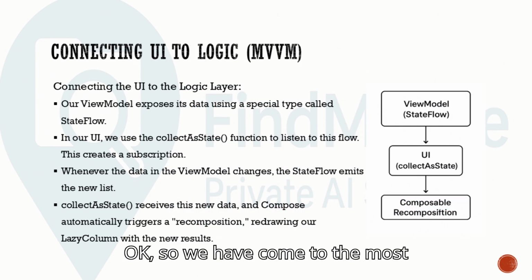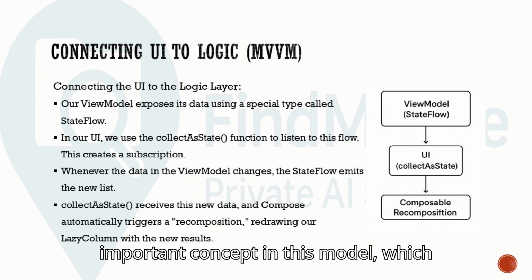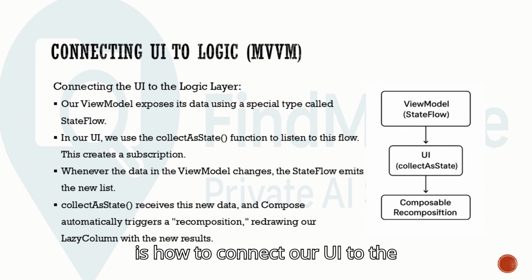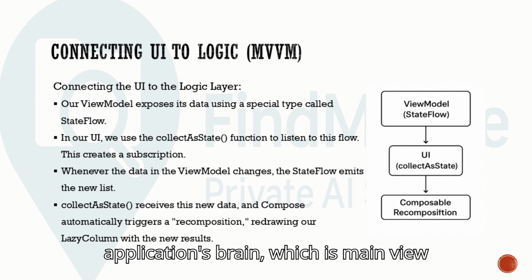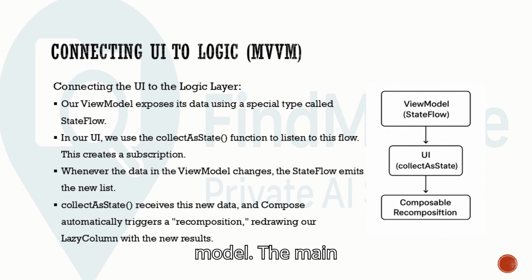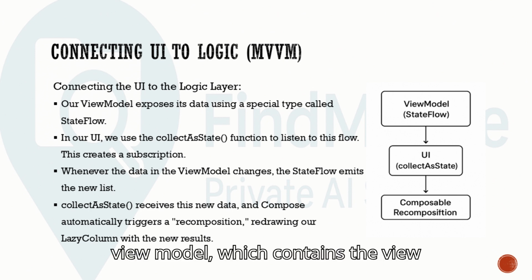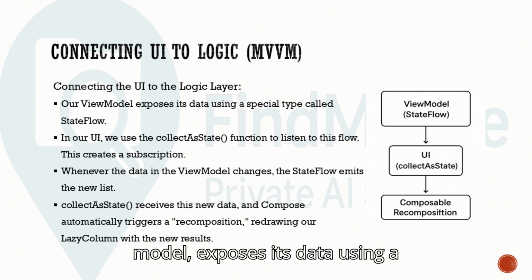Okay, so we have come to the most important concept in this module, which is how to connect our UI to the application's brain, which is MainViewModel. The MainViewModel exposes its data using a special type called StateFlow.